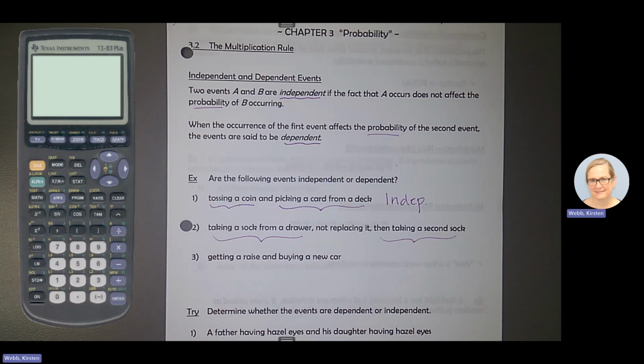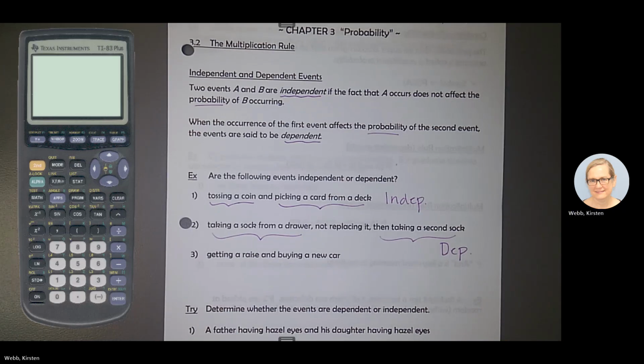When we go to pick the first sock, our probabilities would be out of 10, right? We take one out, we keep it out, and then go back to select the second sock. Are the probabilities still out of 10? They're out of 9 now, right? So keeping that sock out changes the probabilities, making these dependent. That's right.